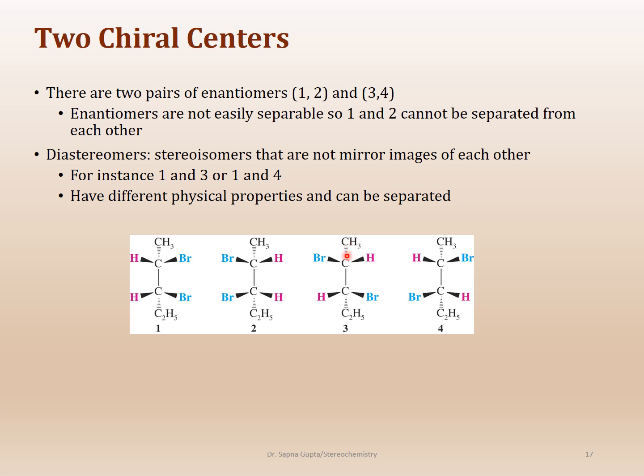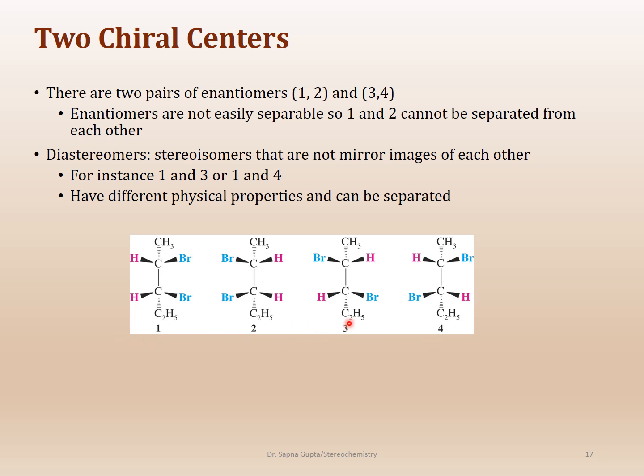You literally broke the bond of bromine from here, put it over here, and put the hydrogen over here. Once you did that, now this compound is the mirror image of number 3. So 3 and 4 are mirror images, 1 and 2 are mirror images. So 1 and 2 are enantiomers, 3 and 4 are enantiomers.